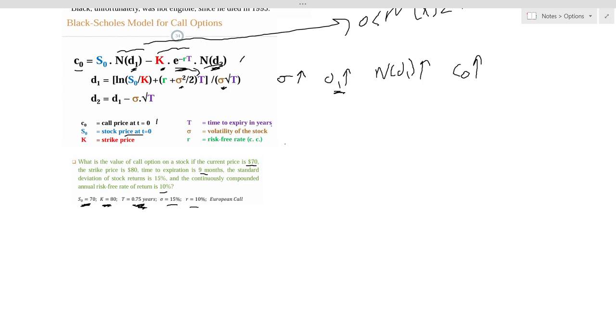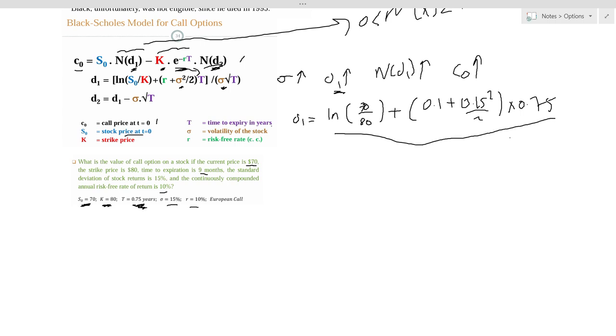First of all, I would like to calculate d1 and d2 to calculate the probabilities. d1 will be the natural logarithm of the current stock price divided by the strike price, 70 divided by 80, plus the risk-free rate, which is 10%, plus the square of the deviation divided by 2, all multiplied by 0.75, and we need to divide this.